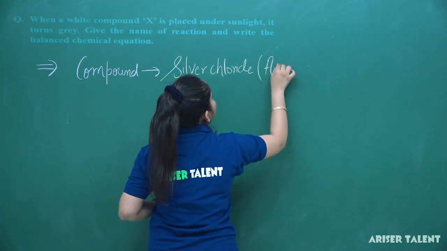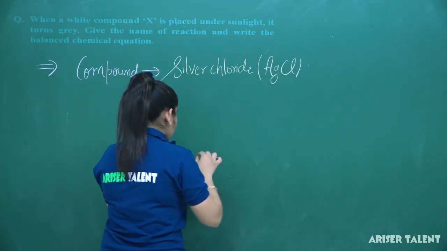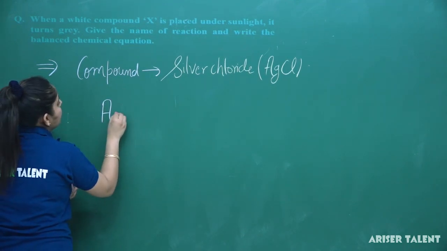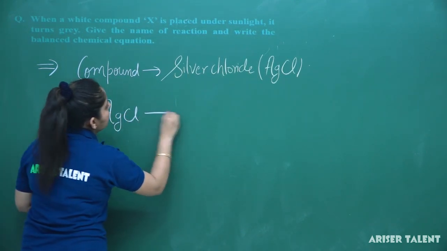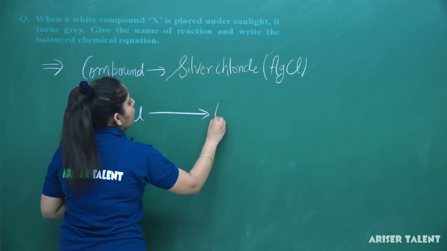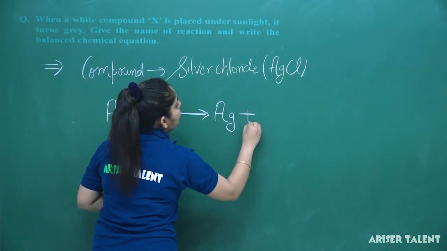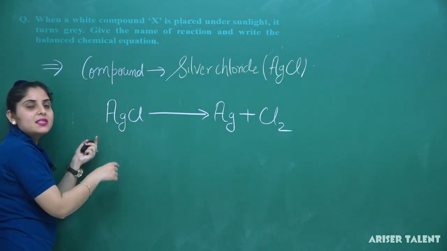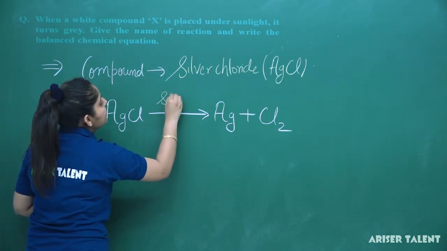So the compound is AgCl. Now we have to write the balanced equation for it. AgCl will give Ag plus Cl2. Now this reaction takes place in the presence of sunlight, so I am writing sunlight over here.